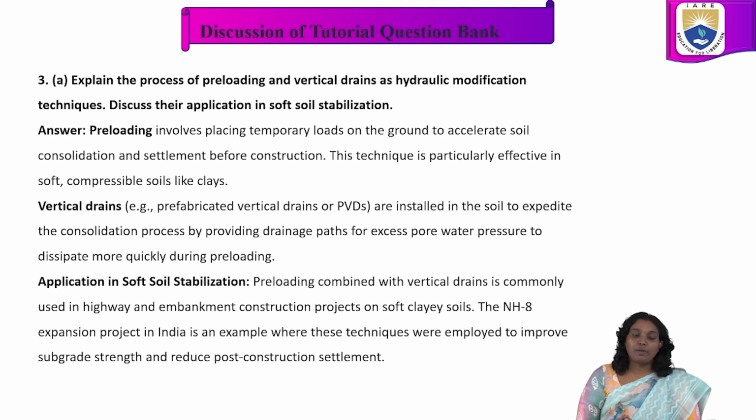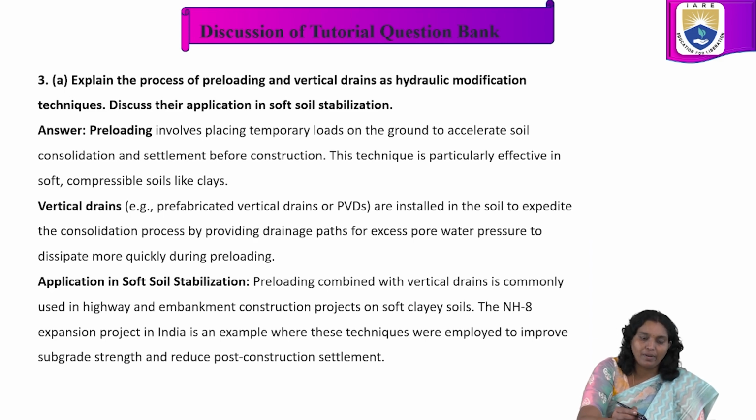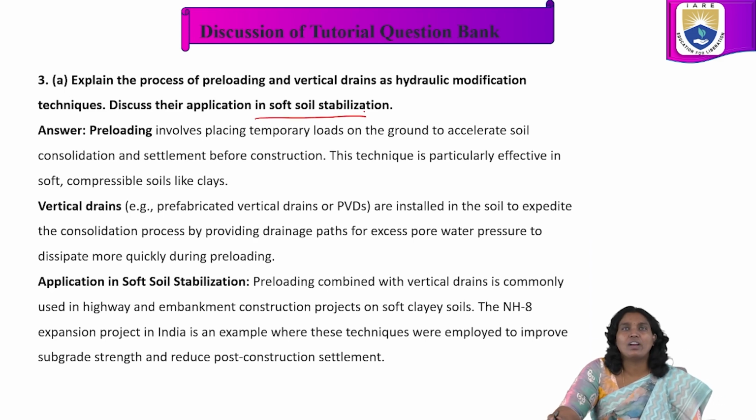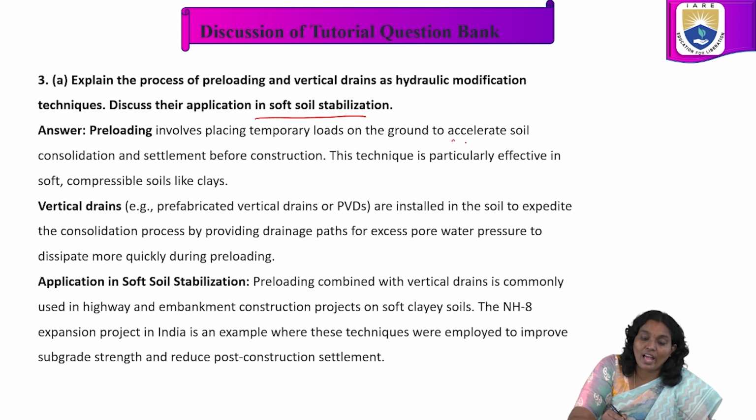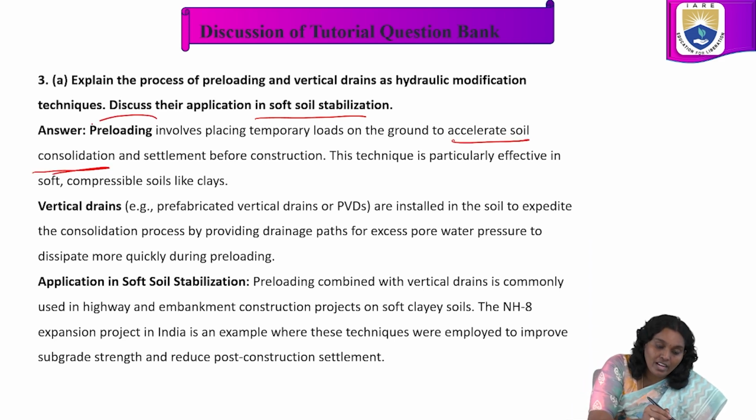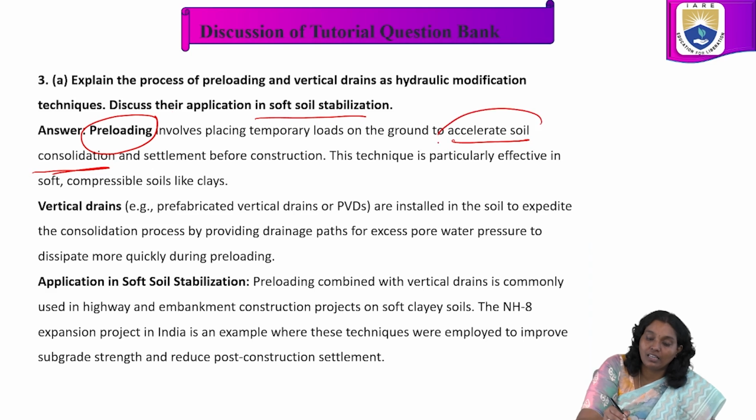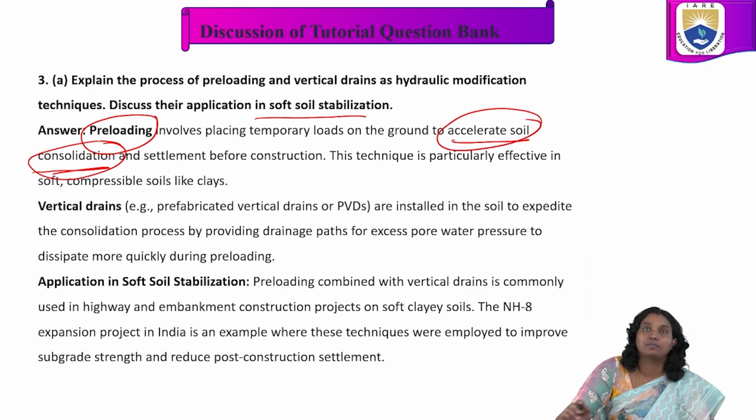Now, explain the process of preloading and vertical drains as a hydraulic modification technique. Discuss their application in soft soil stabilization. In this, preloading involves placing temporary loads on the ground to accelerate soil consolidation. Why we are choosing preloading, that particular property we have to highlight.